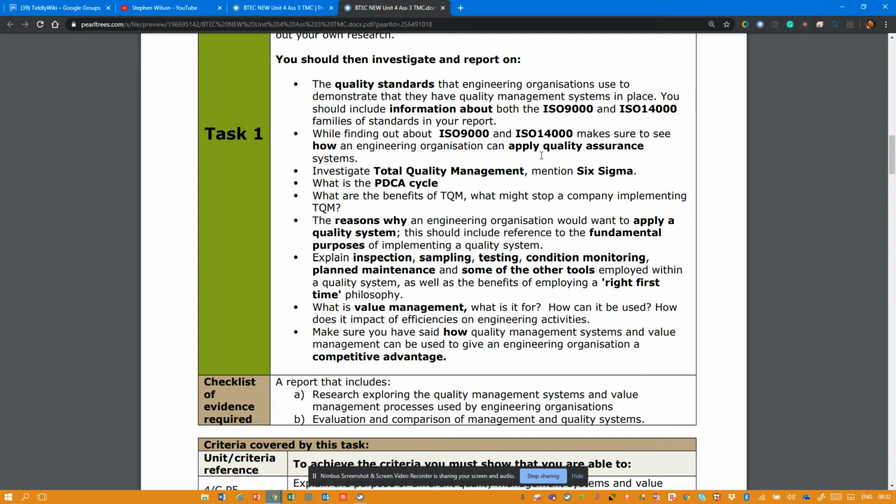So ISO 9000 comes from Total Quality Management, which is a system that came out of Japan from an American that went over there after the Second World War and said, this is how you can manufacture things better. And he'd been around the American industry and they'd said, no, we're not interested. So he went to Japan, where they were trying to rebuild after the loss of the Second World War.